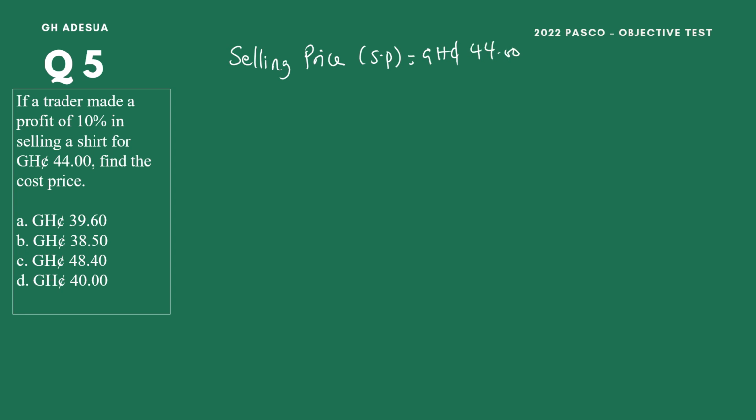Then we have the profits the trader made to be 10%. And for the cost price is what we are here to look out for.